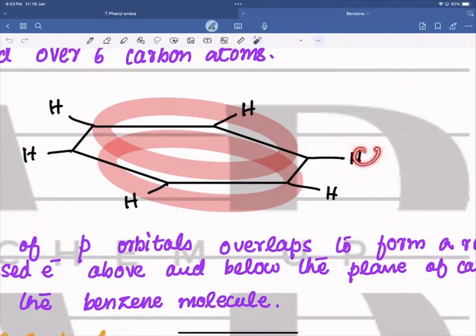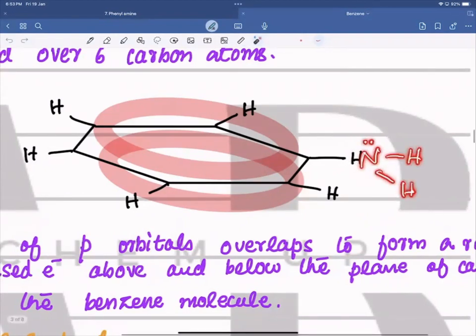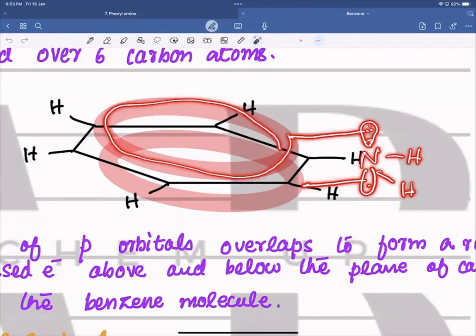Then, for example, chlorine also has a pair of electrons. Then nitrogen also has a pair of electrons, right? These pairs of electrons will be present in one of their p orbitals, and this will overlap. If this overlaps, these pairs of electrons will also delocalize into this system.